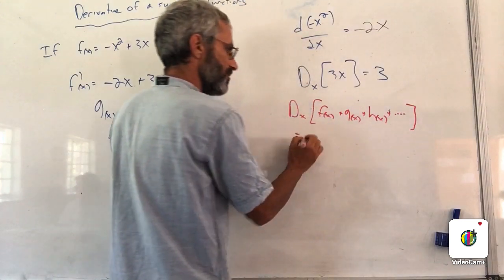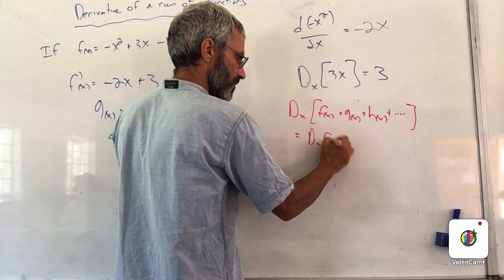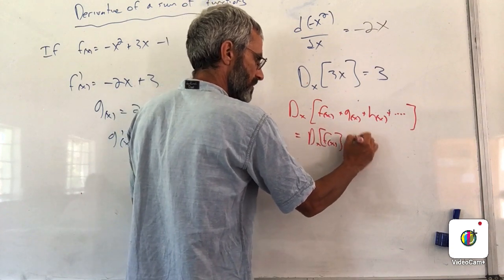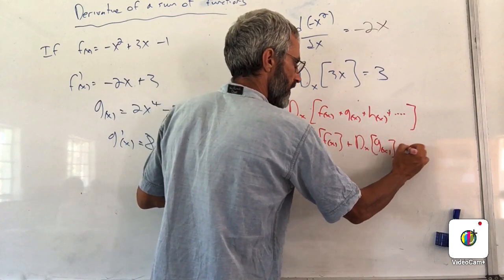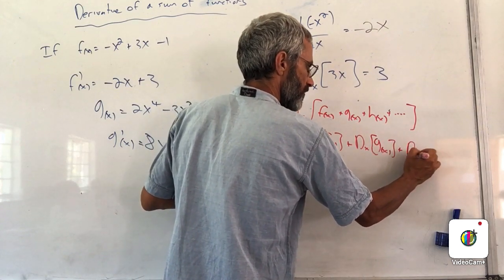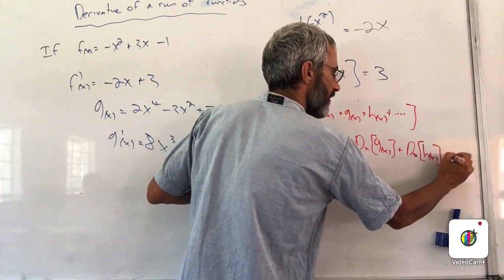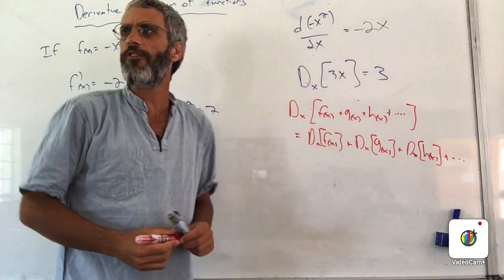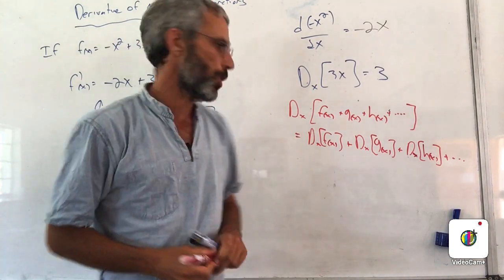The derivative is going to be the derivative of the first function, plus the derivative of the second function, plus the derivative of the third function, and if I have more functions, I just carry on. Kind of makes sense, isn't it? We happy with that?